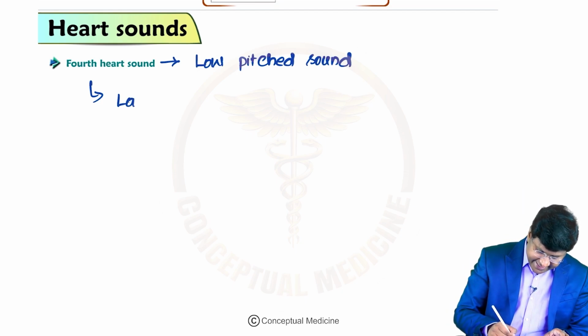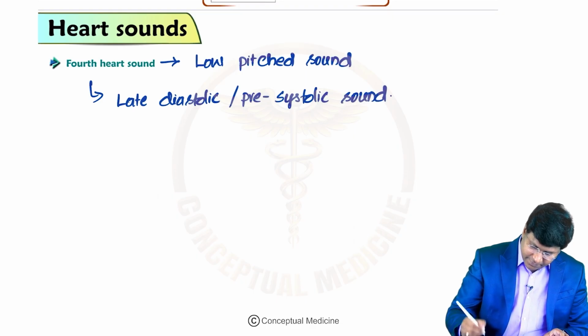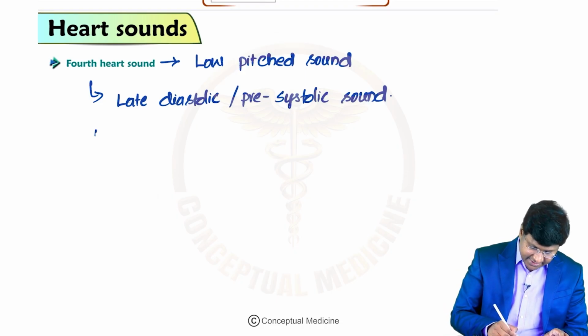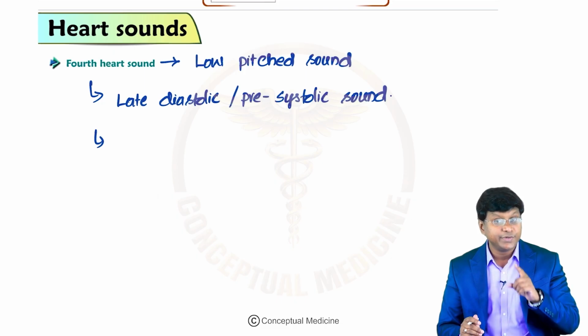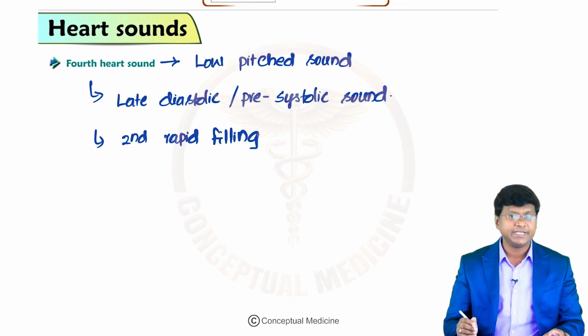So it is a late diastolic sound, or we call this a pre-systolic sound. This fourth heart sound is produced in the ventricle during second rapid filling. So during the second rapid filling phase, you will hear the fourth heart sound.